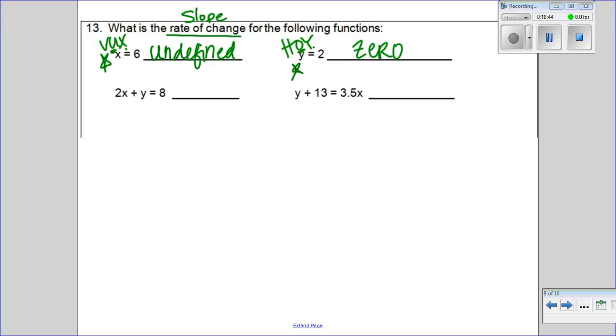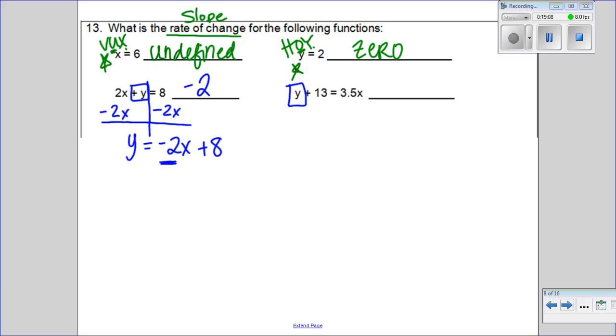Okay, these last two I'm going to have to do some rearranging to get them in slope-intercept form. I'm trying to get y by itself. I subtract 2x from both sides of the equal sign. So I'm left with y equals negative 2x plus 8. So my slope is right here in front of my x, negative 2.